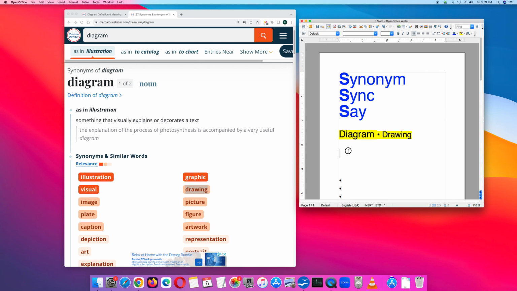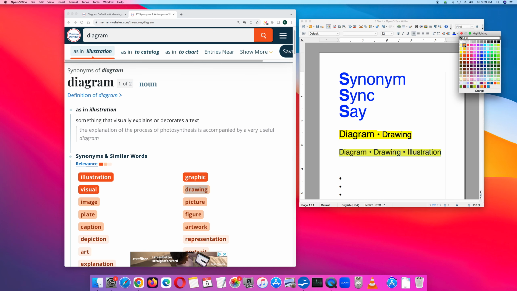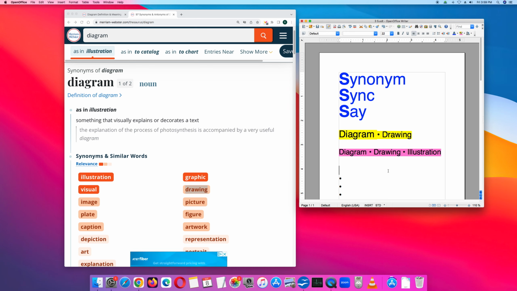So in the next round, I'm adding the third word: diagram, drawing, illustration.